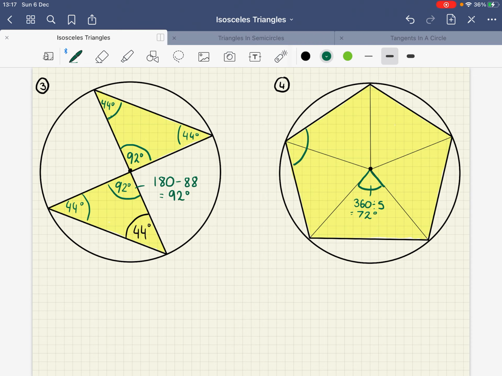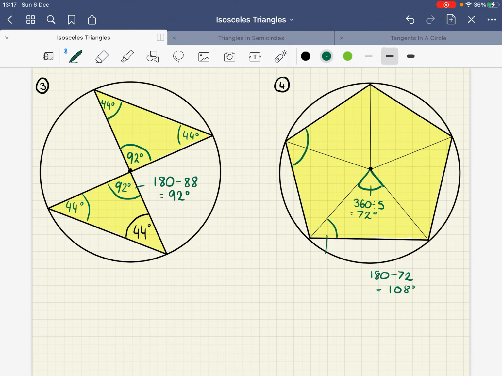And so then I need to figure out what just one bit down here is going to be. So I've got to firstly do 180, take away the 72 to find out what is left. And when I do that, that's going to give me 108 degrees. And recall, this bit here and this bit here are going to be the same. So I've got to split the 108 degrees up.